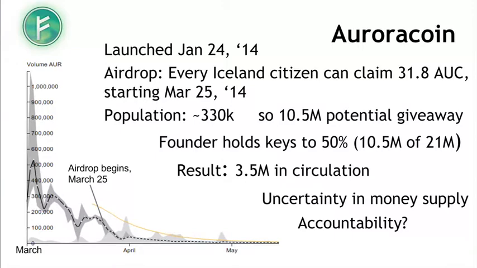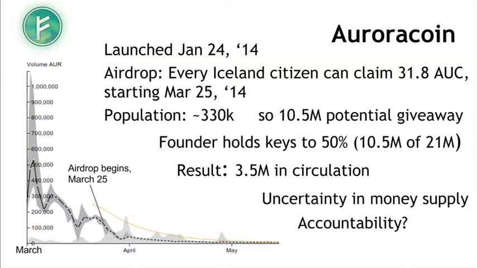Now, what happened was, during the time that the coin was launched, and in between that time and when the distribution to Iceland citizens began, the price fluctuated quite wildly. It reached a fairly high peak, but by the time the airdrop occurred, the price had diminished quite a lot. And once the date of the distribution began, the price dropped very rapidly, very low, and has never recovered since.